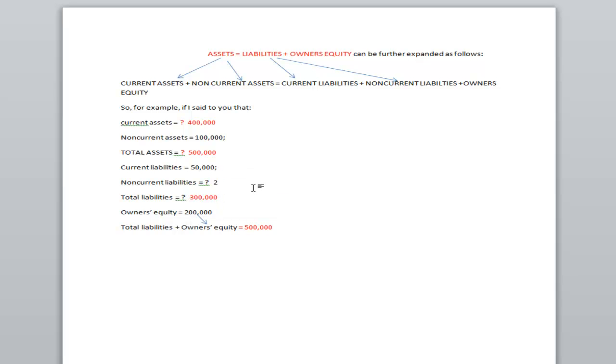Well, that would tell us that our non-current liabilities must be 250,000, because current liabilities plus non-current liabilities give us total. So that's how you would find certain elements, sub-elements or subsets of assets and liabilities using the accounting equation. So I hope that this has helped you to understand the concept just a tiny bit better.